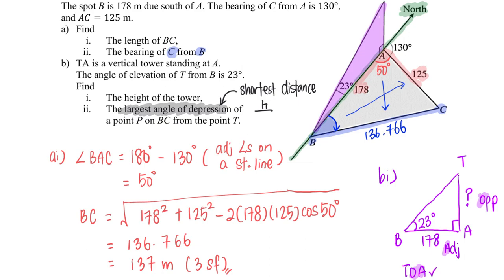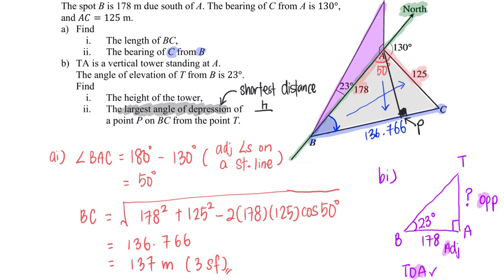So if I were to take out a ruler now, and draw a line from this vertical building, this point P has to occur here, where it is perpendicular to the line BC. Okay?